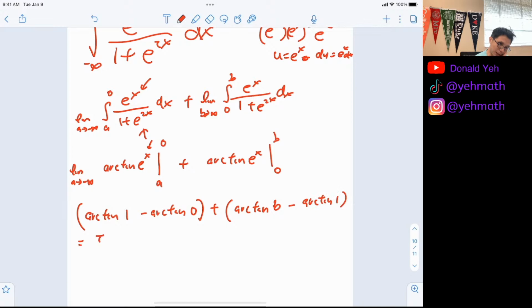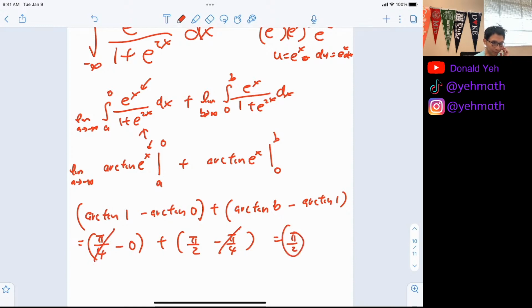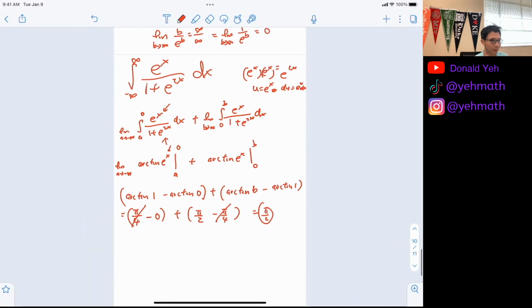So that's equal to pi over 4 minus 0, plus arctan of infinity is pi over 2 and then minus pi over 4. So the pi over 4 and pi over 4 cancel. The answer is beautiful, pi over 2. Easy squeezy. So when in doubt, just guess pi over 2. No, that will work if you get this specific question. So this is the one that you had to break up into two separate integrals.